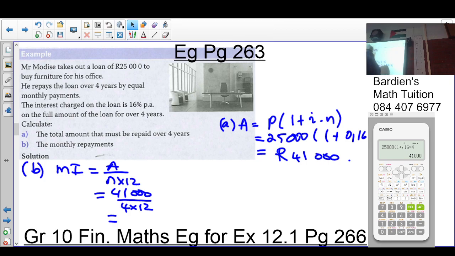So what you do is you press answer over 48, which is 4 times 12. Gives you an answer of 854 Rand and 17 cents.